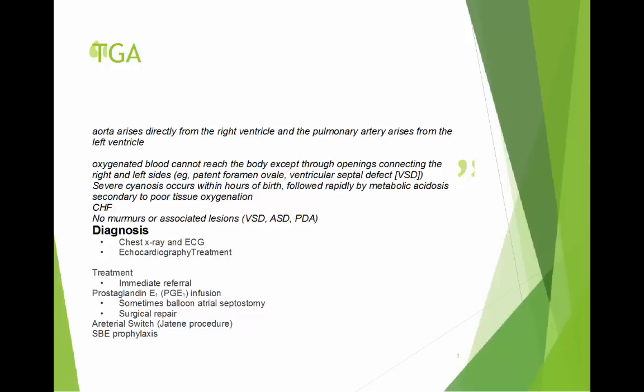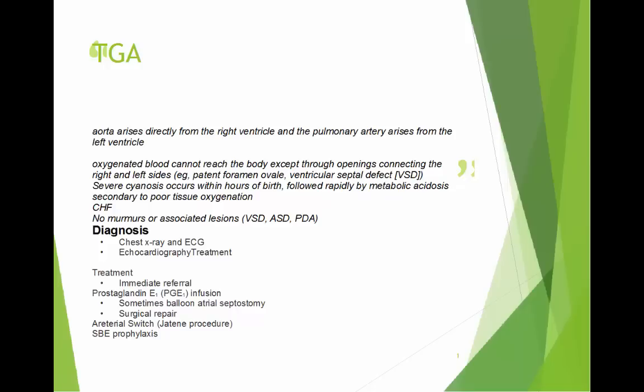Severe cyanosis occurs within the first hour of birth, followed rapidly by metabolic acidosis secondary to tissue hypoperfusion. Patients with a large ventricular septal defect or patent ductus arteriosus or both are less cyanotic, but symptoms and signs of heart failure, again tachypnea, dyspnea, tachycardia, diaphoresis, inability to gain weight, etc., may develop during the first week of life.